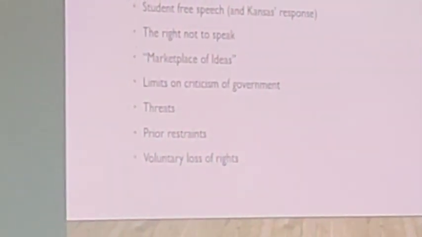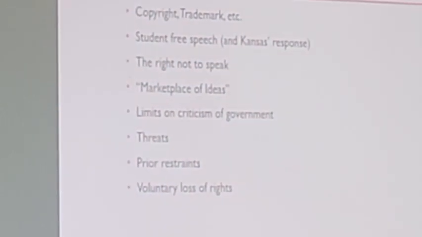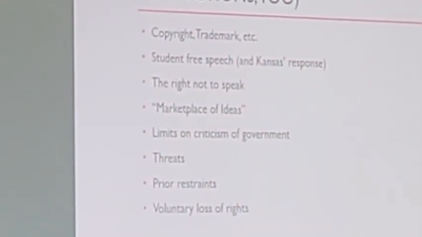Prior restraints. Prior restraints are government action to prevent something from being published, to prevent something from being said. The classic example of that, keep the age of the people here, you'll remember, just like I do, the Pentagon Papers. In 1971, a study of how we got stuck in Vietnam, it was a secret study.